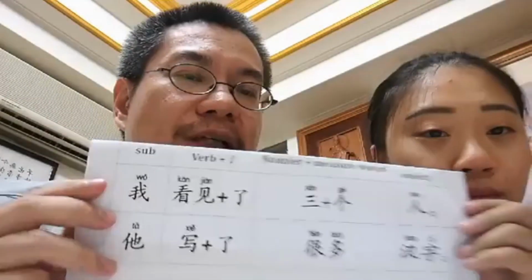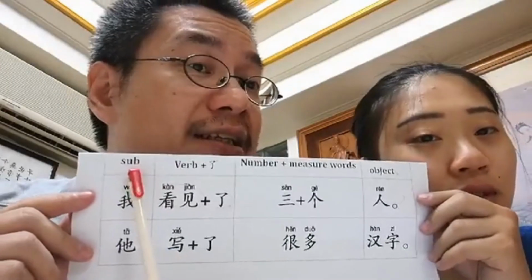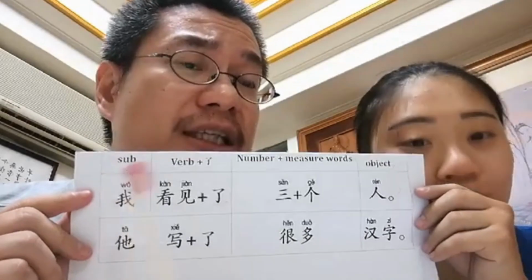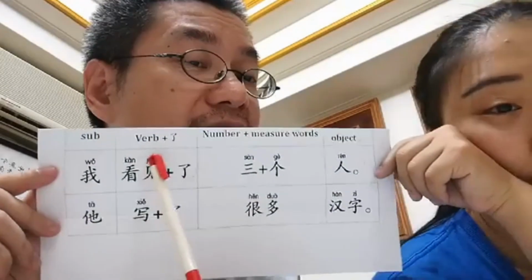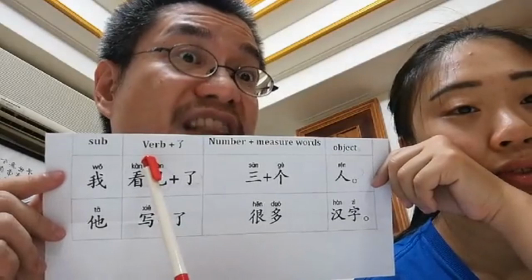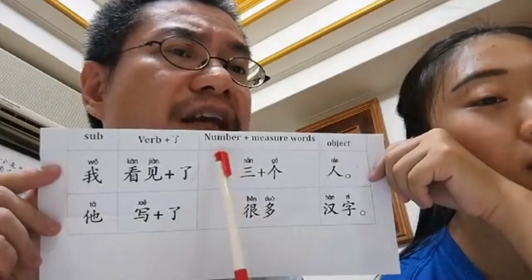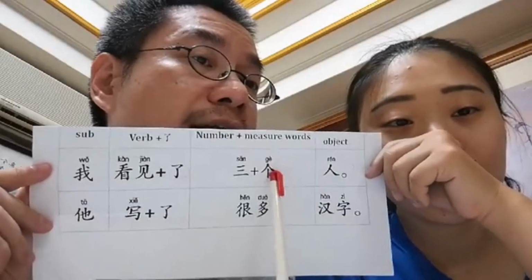Let's see the sentence pattern first. First of all, we need a subject. Then we use verb plus 了, this kind of verb which needs an object. Then oftentimes we will have numbers plus measure words, measure words like 个, right?